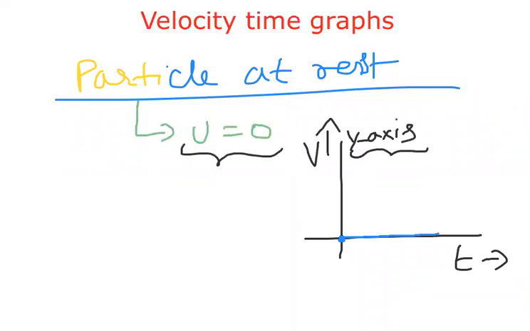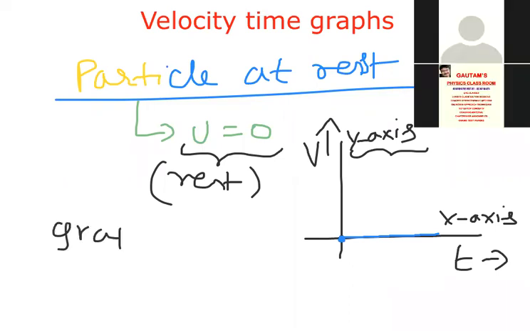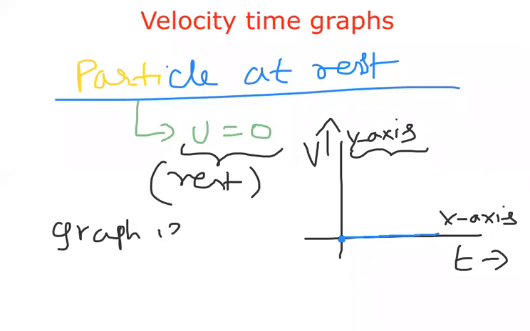On the y-axis we have taken velocity, and on the x-axis time, and we are not drawing anything. That is nothing but the body is said to be in the rest condition. If you don't draw anything, we can say the graph is a straight line along the x-axis.